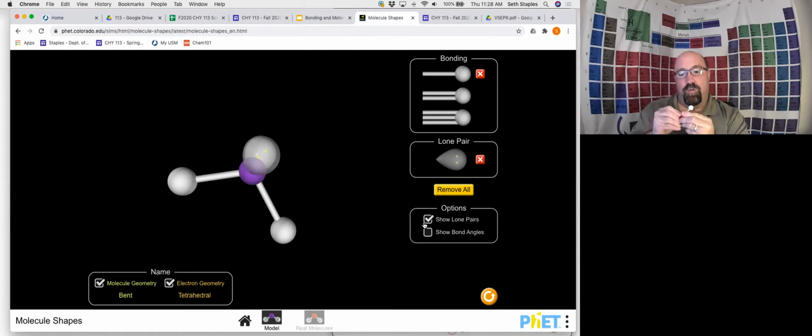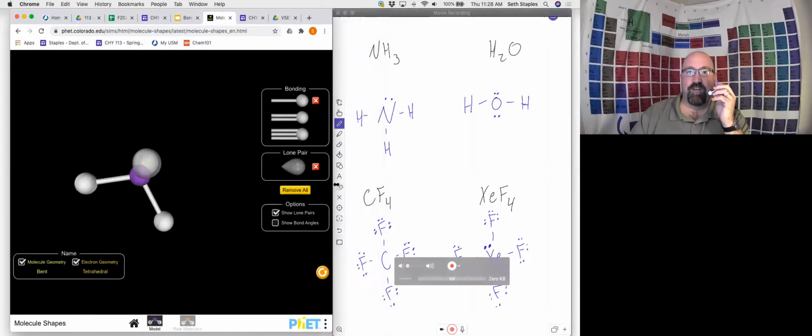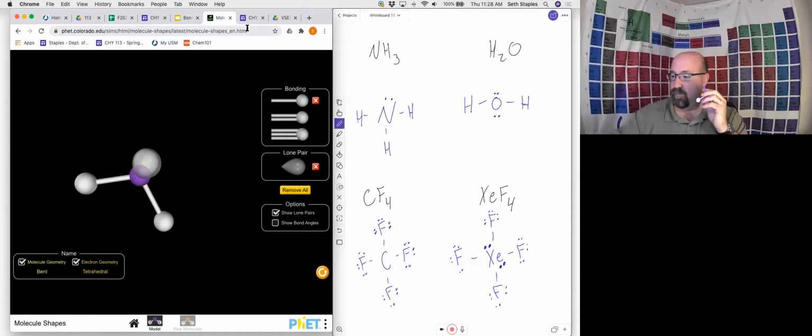And so let's go back to the Lewis structures that I had you draw for our warm-up real quick, and we'll start to see why it's so important to get these accurate. So you look at these 3 here. If we look at ammonia, water, and carbon tetrafluoride, all 3 of these have a tetrahedral electron domain geometry.